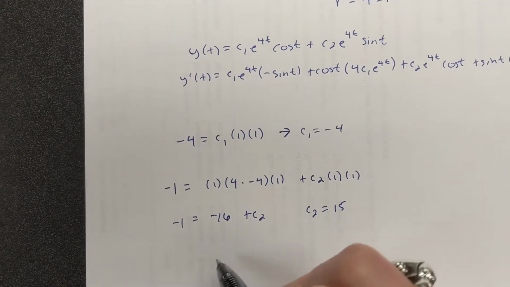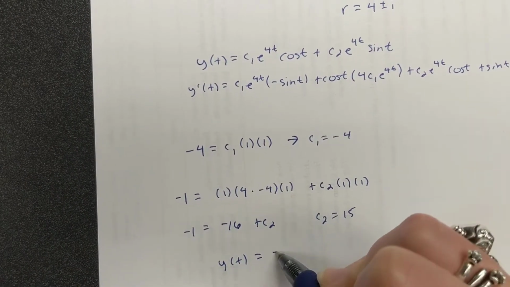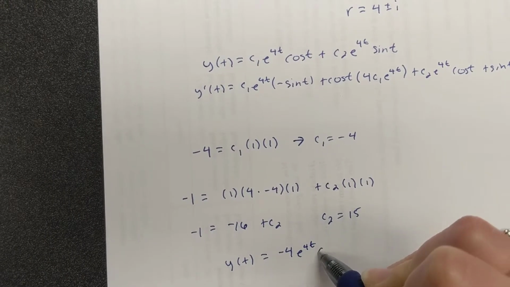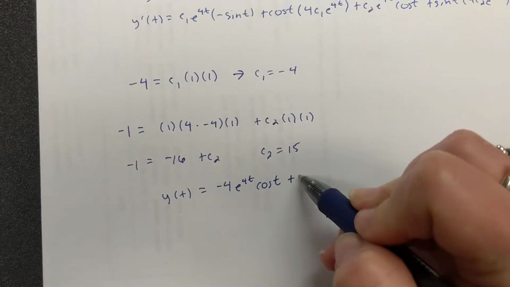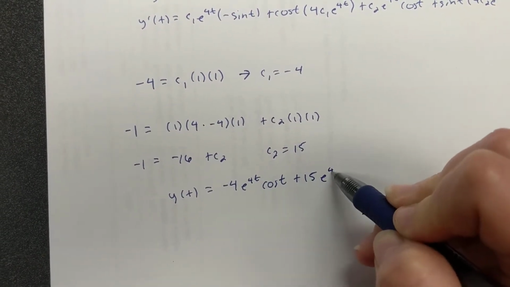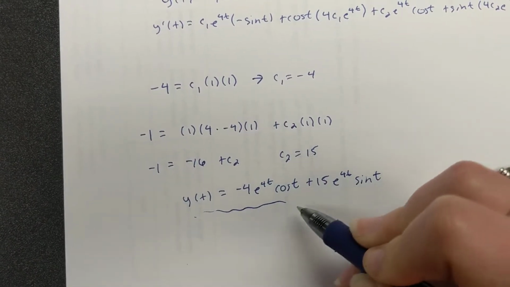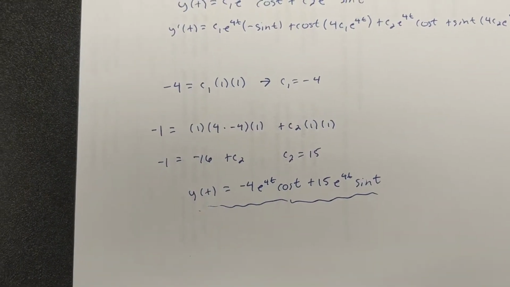So if I put this all together, my specific solution is going to be c1, which is negative 4, so negative 4 e to the 4t cosine of t, and then c2 is 15, so plus 15 e to the 4t sine of t. There's our specific solution given our initial conditions and everything.